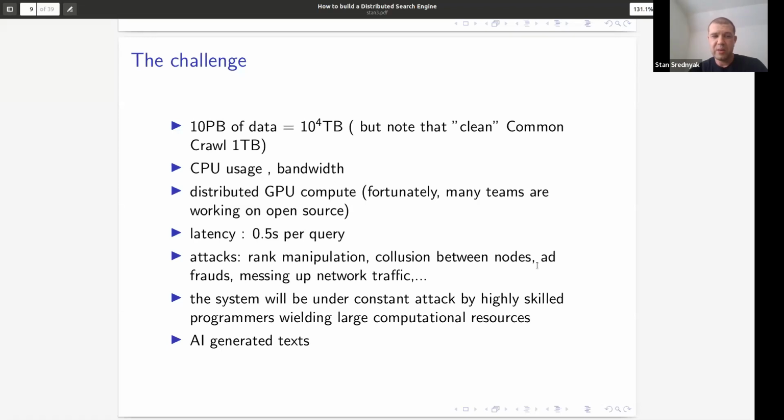And I must say that the commercial classification and AI recognition systems are quite good. They detect text generated by other systems quite well, with very high accuracy. And that's what we will have to imitate.